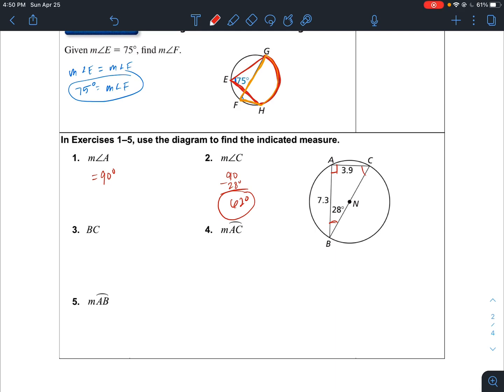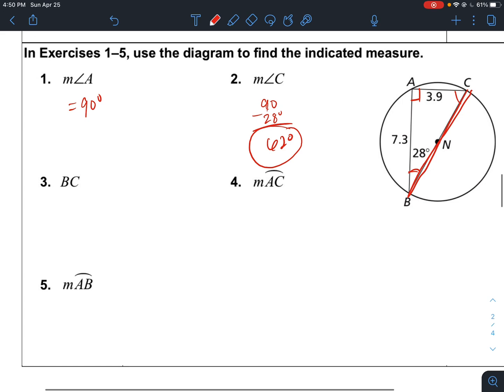Okay, now it wants us to find the length of BC. So for the length of BC, you could use the Pythagorean theorem, because we know the side lengths of the legs of the triangle, or what I would rather do is just perform a trigonometric function. So let's say I want to find the sine of 28 degrees, which would be equal in this case to the opposite side, which is 3.9, divided by BC, which is the hypotenuse.